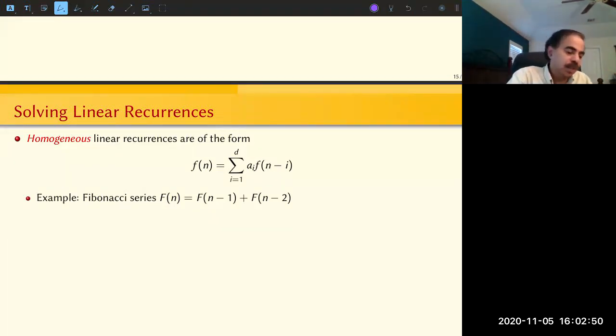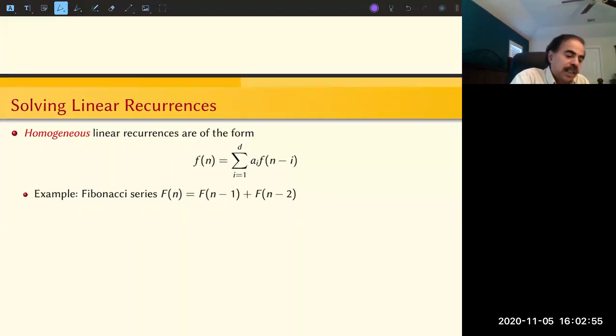Okay, so we are going to start by talking about homogeneous linear recurrences. So what does homogeneous mean? These are linear recurrences of this form. I want you to be comfortable with this summation notation, but what you might find useful is that whenever you see a summation and you're not sure exactly what it means, you can just expand it out, right?